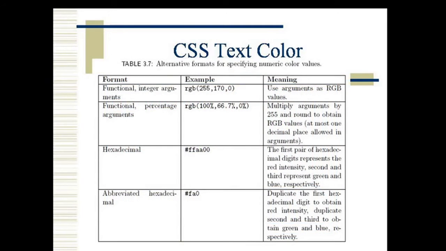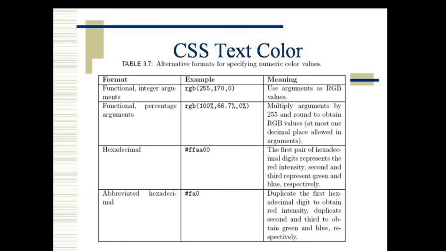Then there are alternative formats for specifying numeric color values in CSS. Either you can provide RGB in functional integer arguments, that is red, green, blue: 255, 170, 0. So here you are providing red to be 255.